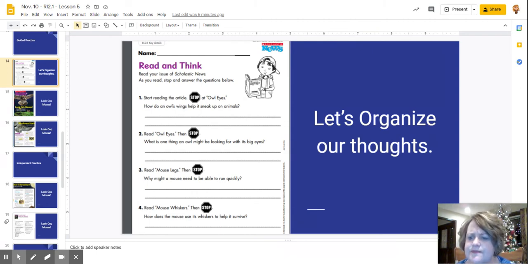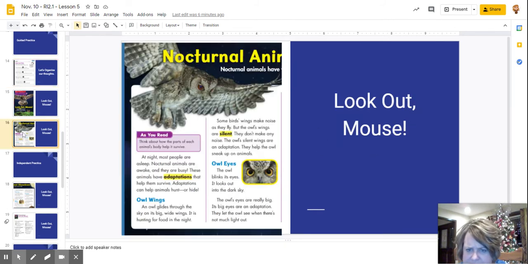It says, how do an owl's wings help it sneak up on animals? I'm thinking we're going to have to read the owl wings section. So let's go to owl wings and let's start reading that section.